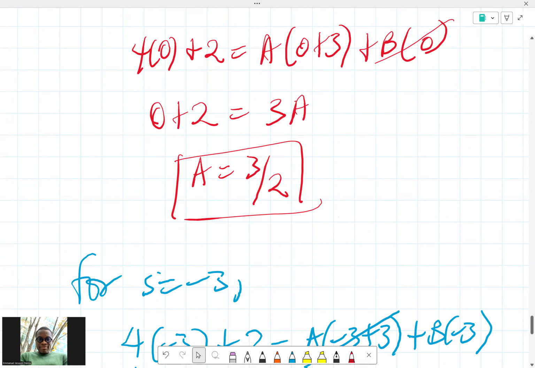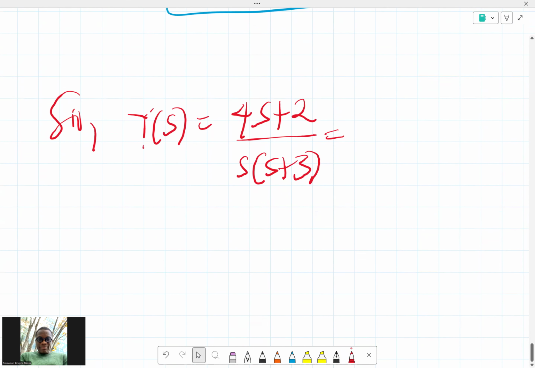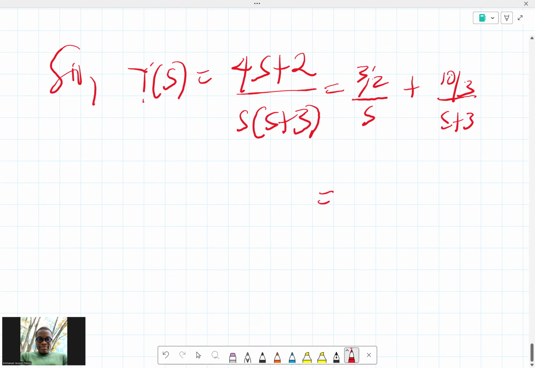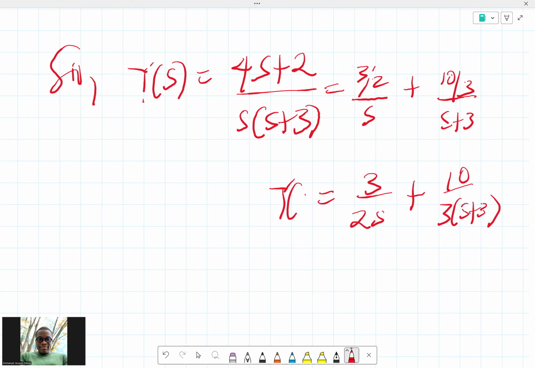So a is 3 over 2. So that's 3 over 2s plus 10 over 3 into s plus 3. So that is what Y of s now becomes.